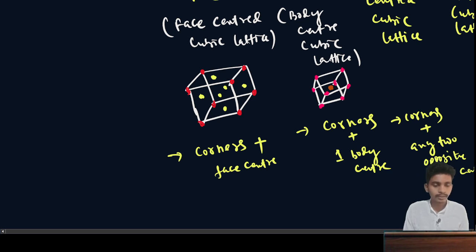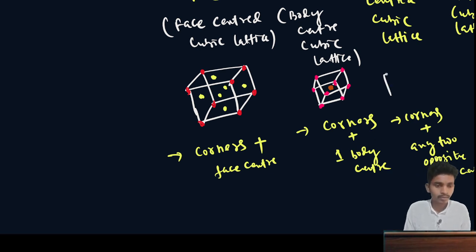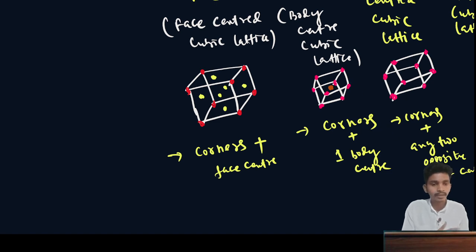Let's say if I make this, at all the corners we have lattice points, with any two opposite faces face centered lattice points.